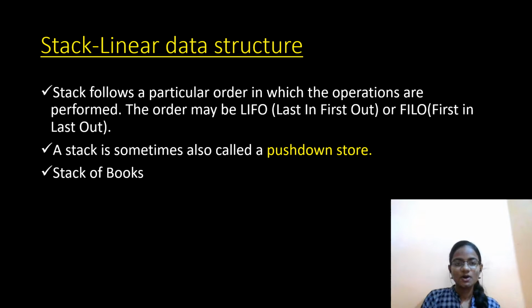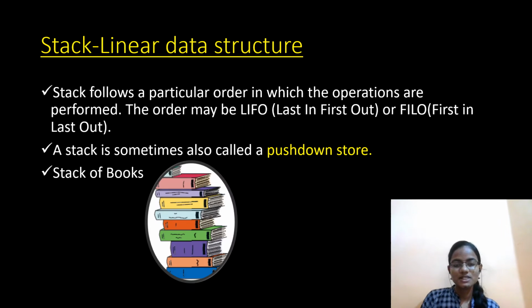Why stack is called a linear data structure means it follows a particular order in which the operations are performed. The order may be LIFO, last in, first out, or FILO, first in, last out. A stack is sometimes called a push-down stack.